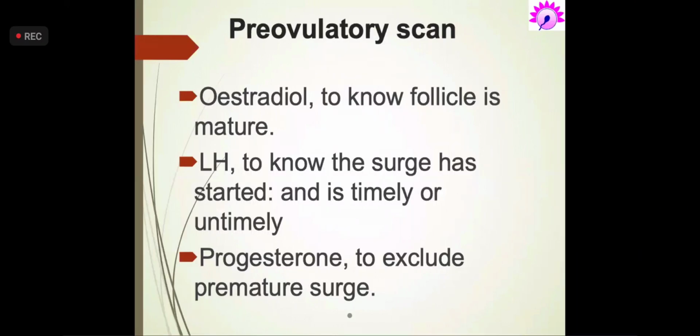Now, this happens after the baseline scan, before the actual pre-ovulatory scan. So the vascularity of the follicle keeps on increasing as the estrogen levels are rising.